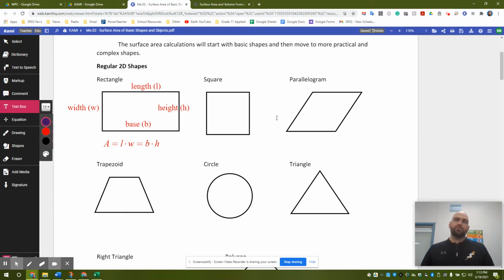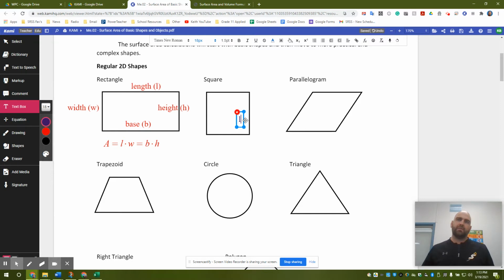A square, on the other hand, is a rectangle. Yes, crazy things, right? A square is a rectangle. It is a four-sided shape with 90-degree corners, where the opposing sides are the same length. The difference is that a square has four equal sides, and they're all the same length.